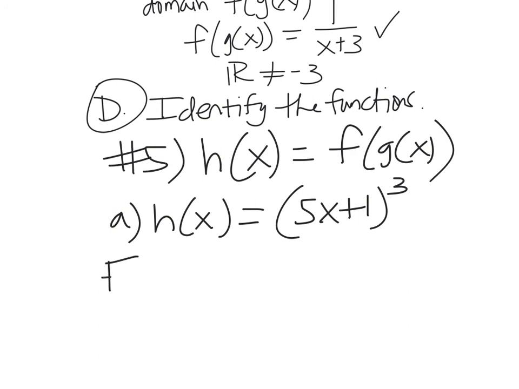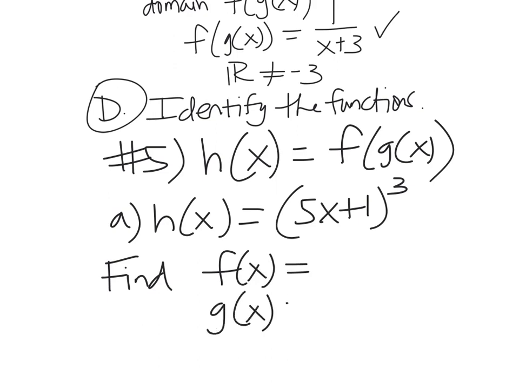I need to find f of x and g of x. And there's no cheating. You can't use x for either one, because people will make f of x be the whole thing and g of x just x. You can't do that. x cannot be an answer for either one of these.